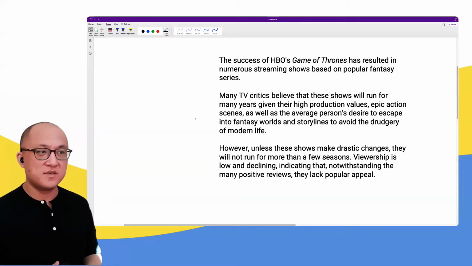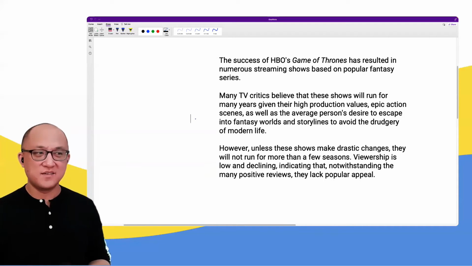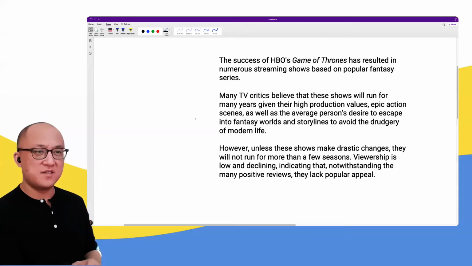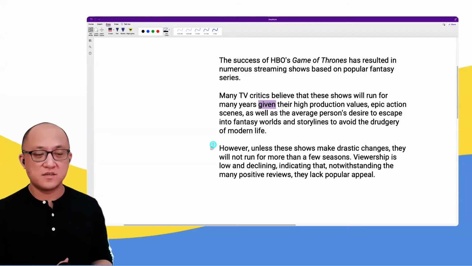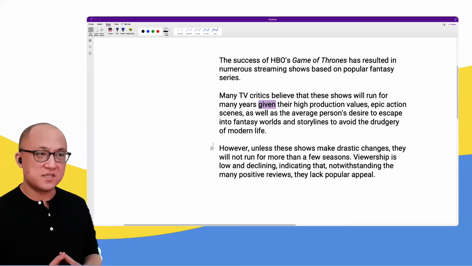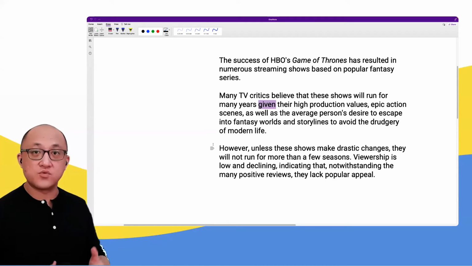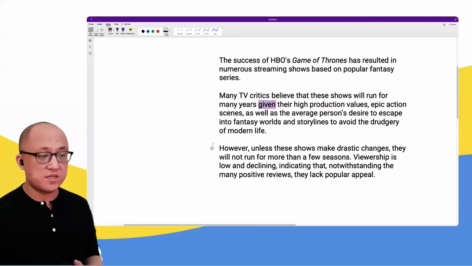So, we have an opposing opinion, right? What's the opposing viewpoint? What's the viewpoint of the critics? That these shows will run for many years. But do you see this word here, given? What's the significance of that? Given is now telling us that this is the other person's reason for why they think the shows will run for many years.